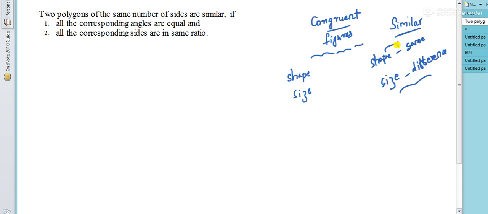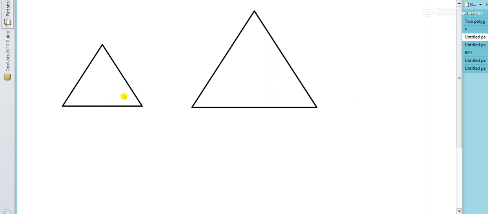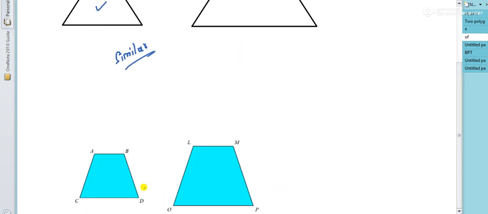Here the shape again will be the same but the size will be different. For example, you can look here. Both of them are triangles, right? But compared to the second triangle, the first one is a little smaller. So such figures are called similar figures: same shape but different size. One more example, you can see it here. What is this?